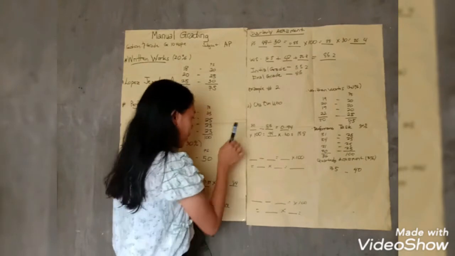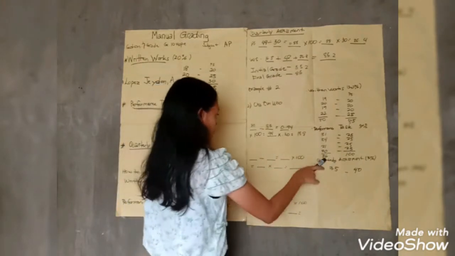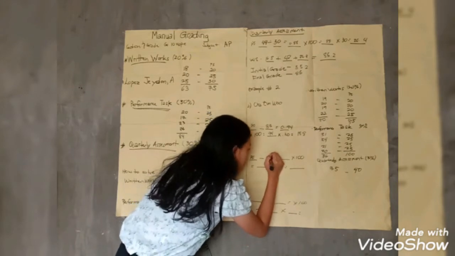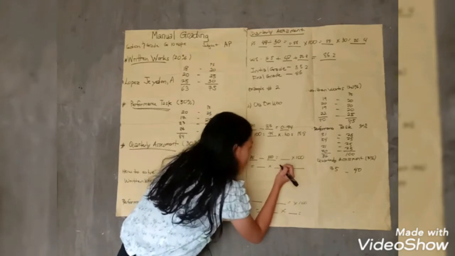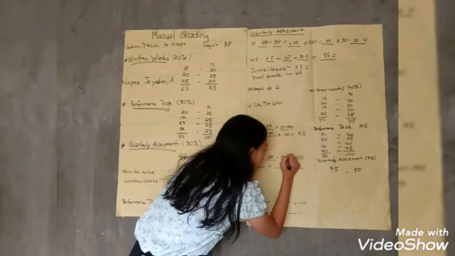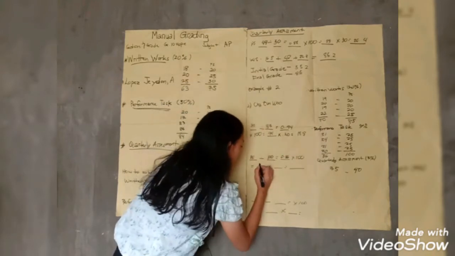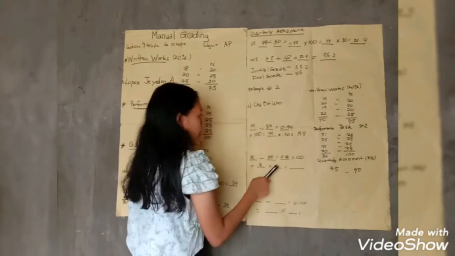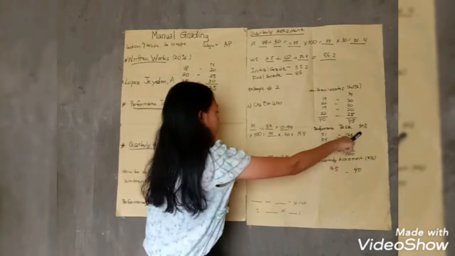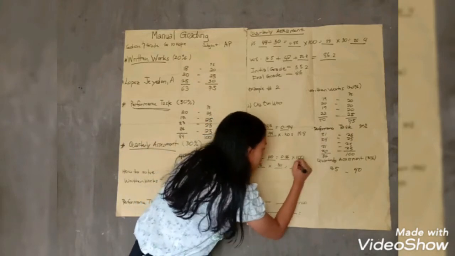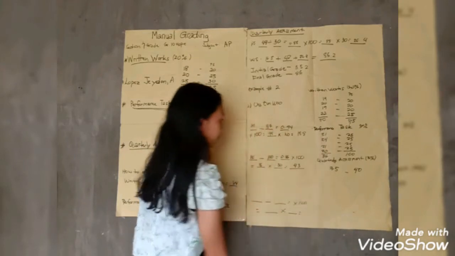And for the performance test, he got 86. So 86 divided by the highest possible score, which is 100, equals 0.86. Multiplied by 100 equals 86, times 0.50 for 50% equals 43.